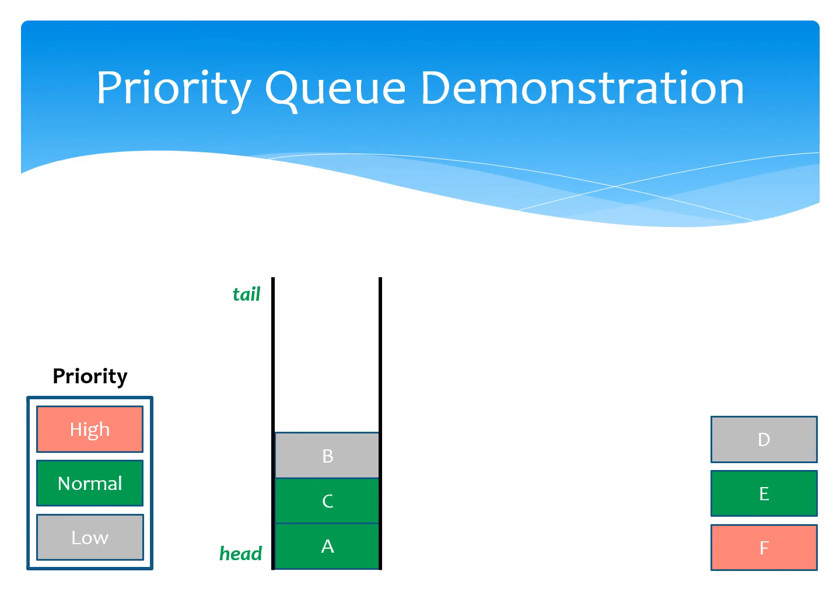Third, task C with normal priority is submitted to the queue.